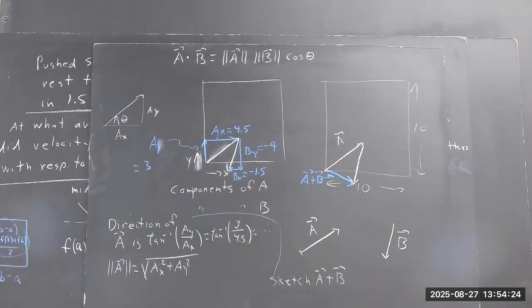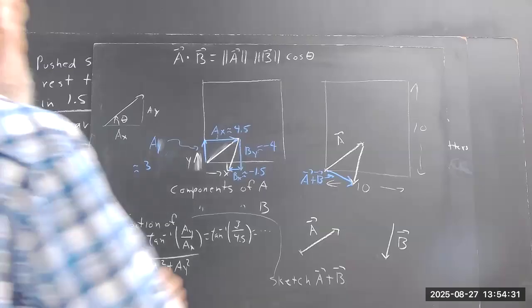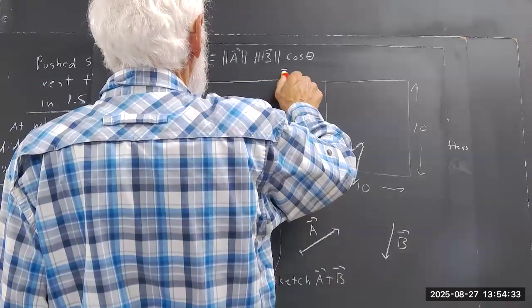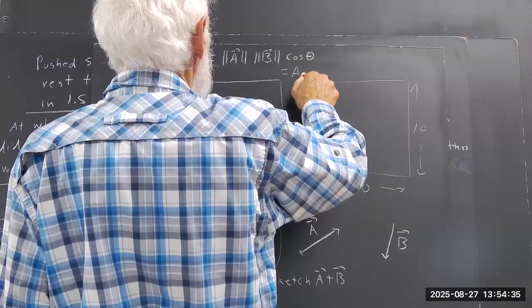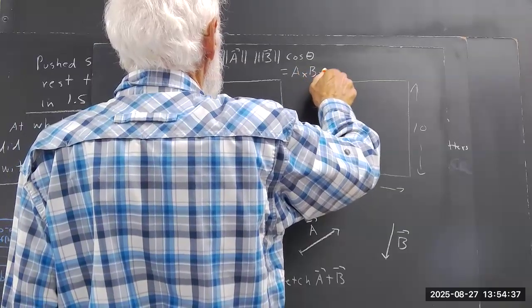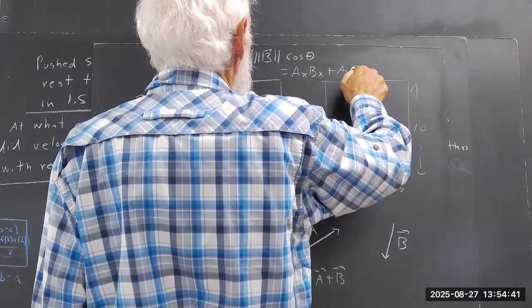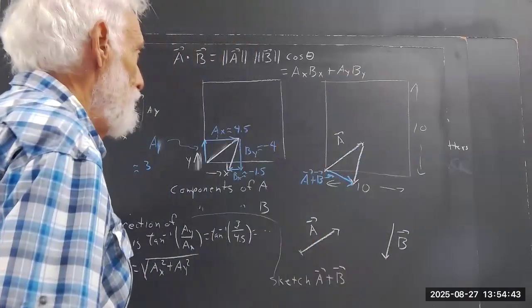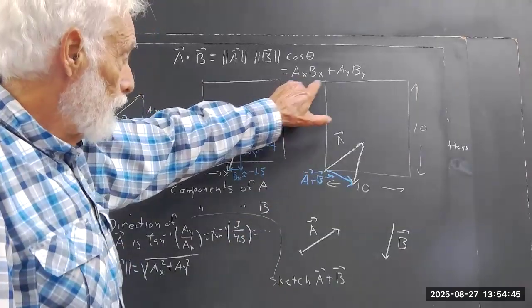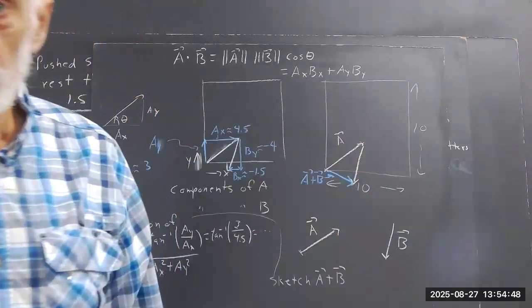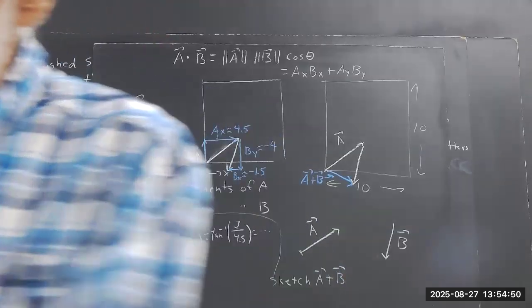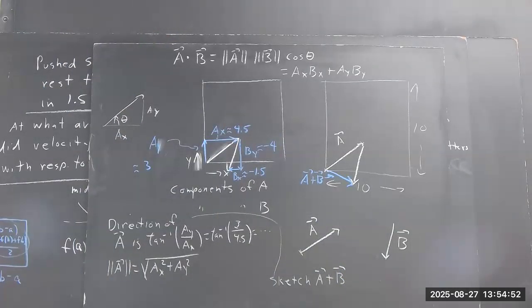And if you know the components of A and B, it's just, you probably didn't see it written out this way, but it's just the product of your X components plus the product of your Y components. And I'll use that notation because it's consistent with what I've already written. Okay.